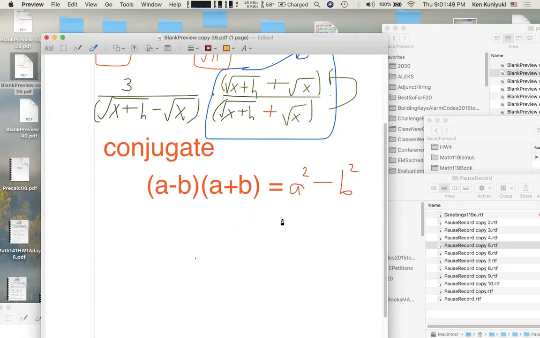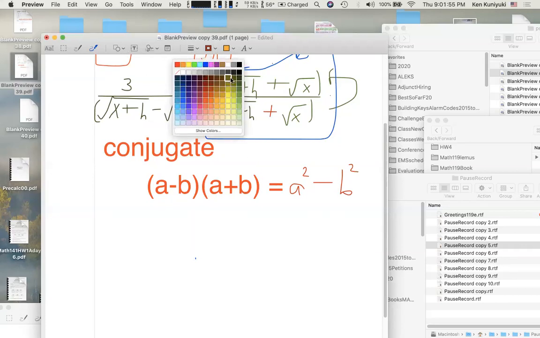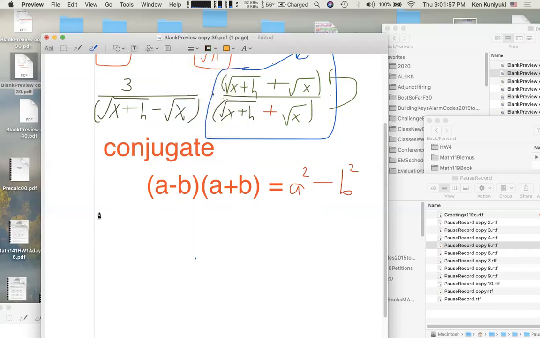All right. So where are we? I'll go back to green. Equals. That top's ugly. 3 times, parentheses, root x plus h. And remember, it's a plus sign. You're matching the guy on bottom here.